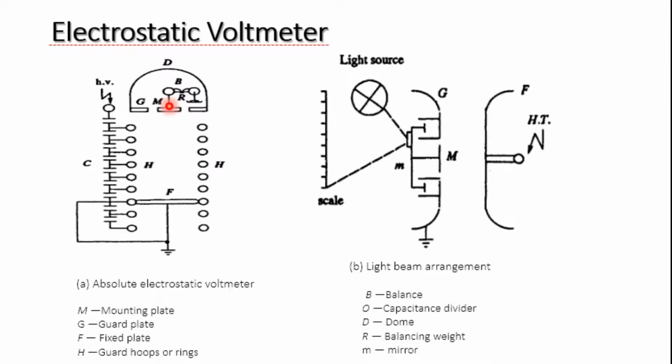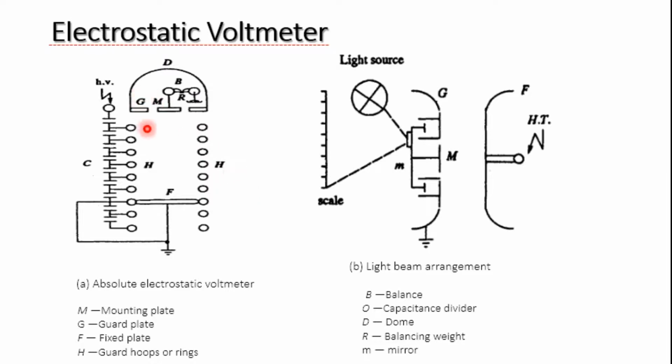The range of the instrument is easily changed by changing the gap separation, so that the volt per distance, or the electric stress, is the same for the maximum value in any range. Generally, multi-range instruments are constructed for 600 kV RMS and above.